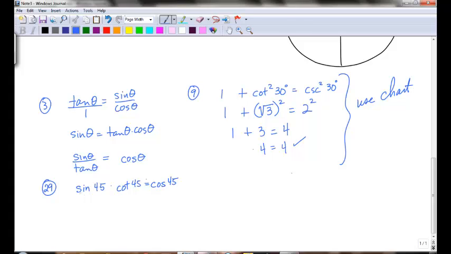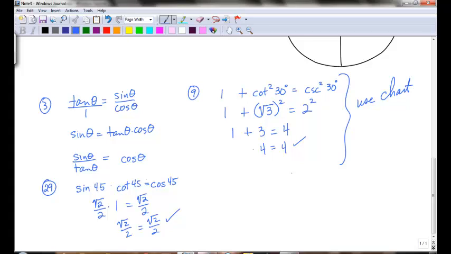So on your chart, what's the sine of 45? Radical 2 over 2 times cotangent of 45, 1, and cosine of 45, radical 2 over 2. Yep, radical 2 over 2 equals radical 2 over 2, yeah, that checks. So you verified it.